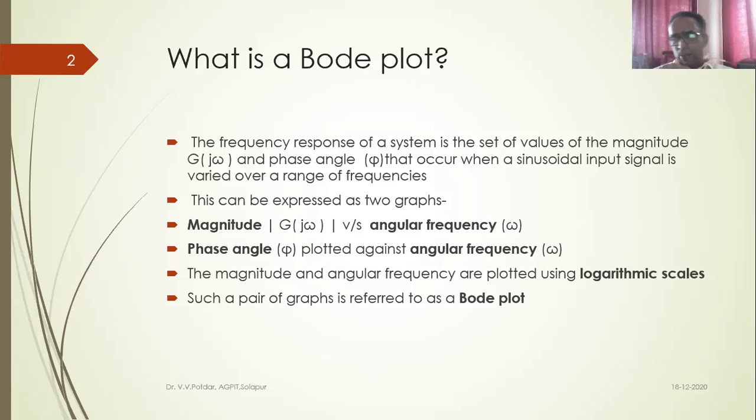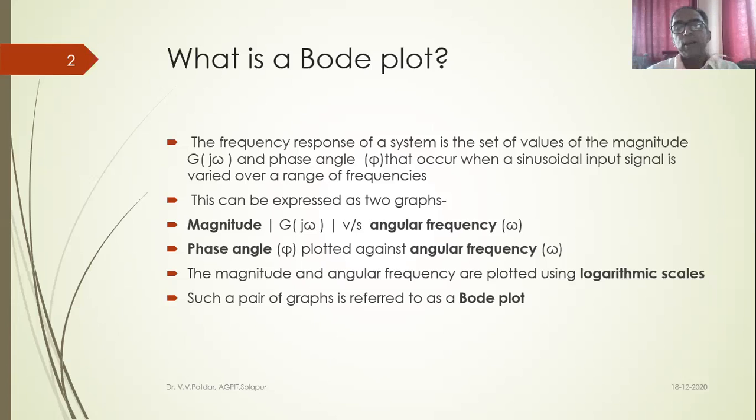This phase angle plot provides the phasor information, whether there is phase lag or phase lead. When I provide a frequency input function, what happens to the magnitude of the output and to the phase angle of the output function? These two plots together are called the Bode plot.